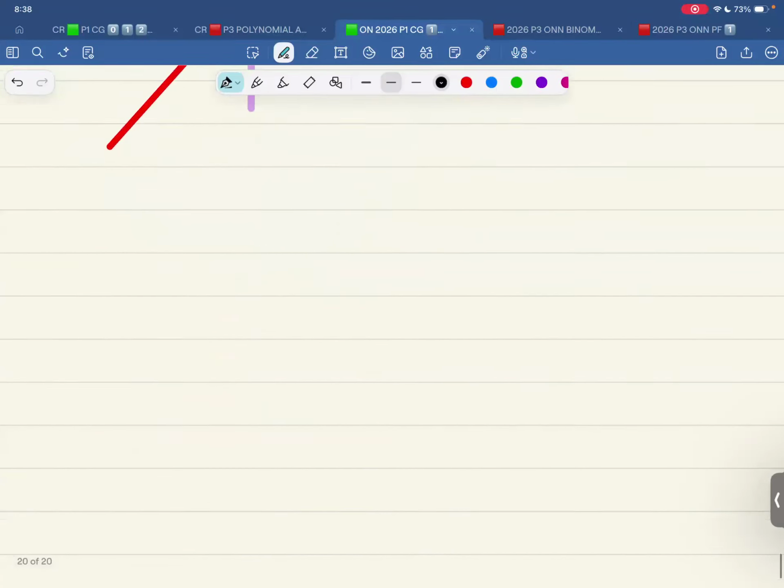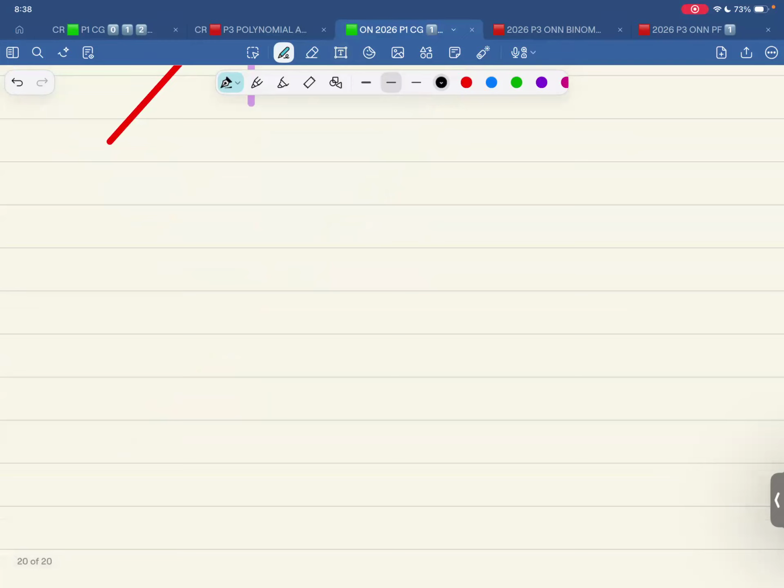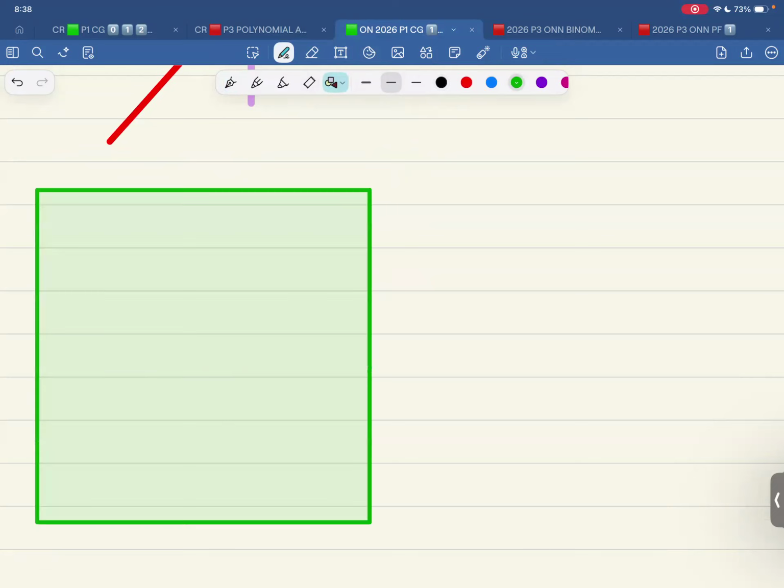Now let me give you another perspective. And that another perspective is this thing. The first perspective and the second perspective.